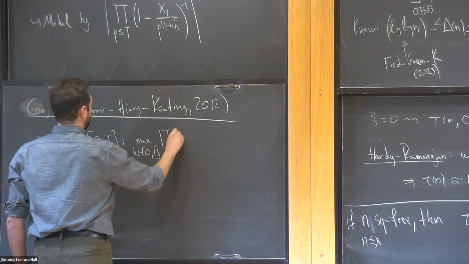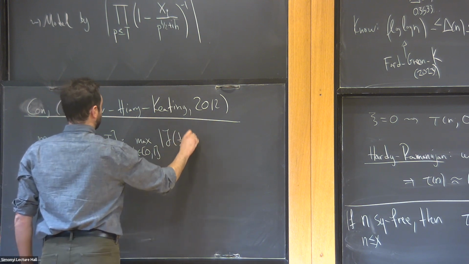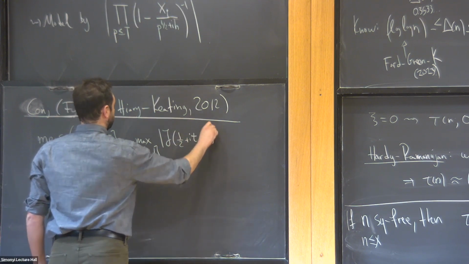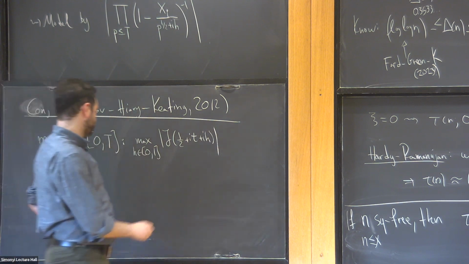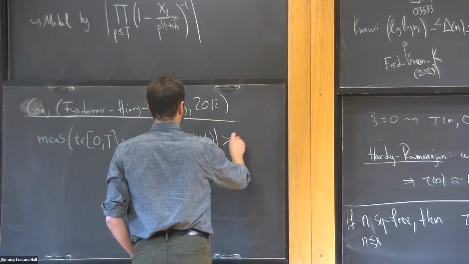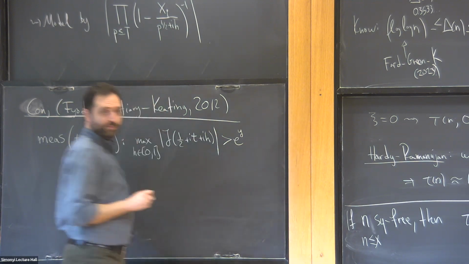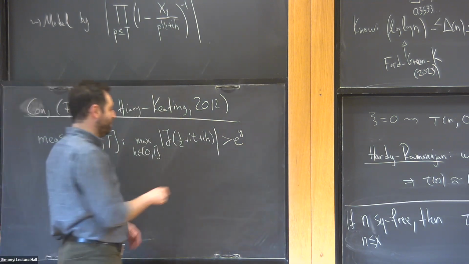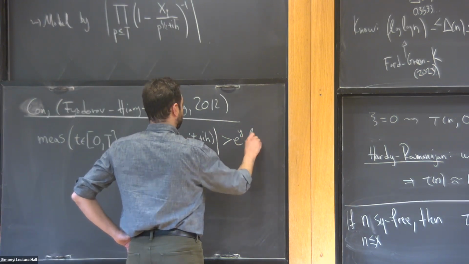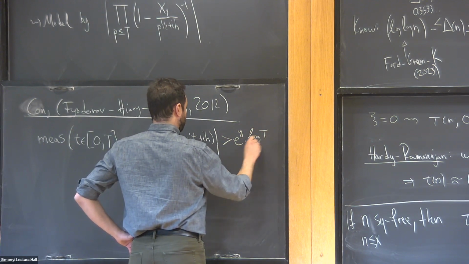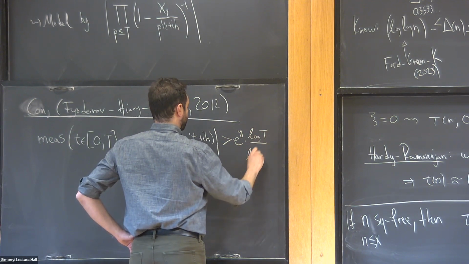zeta 1/2 plus IT plus IH, and I ask how often this is bigger than, okay, this is some normalization. The way they normalize is by looking at e to the y times log T over log log T to the 3/4.